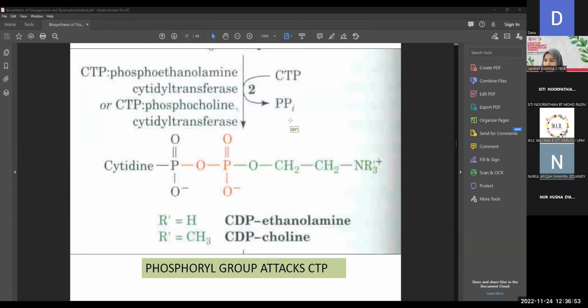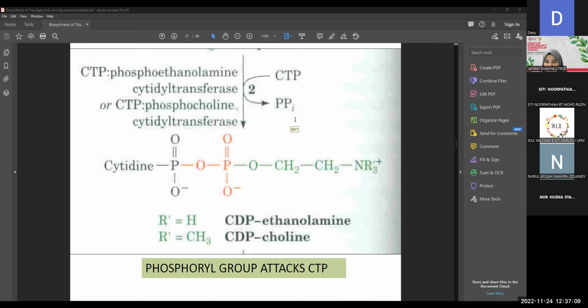You need to understand the mechanism of what happened, not just mention that it's being converted without explaining what happened in the mechanism.